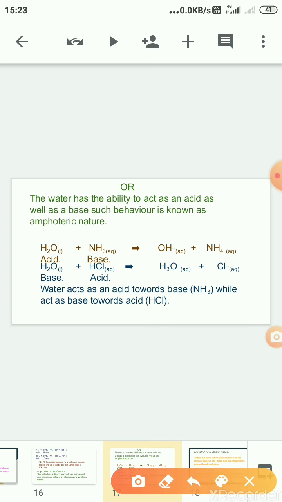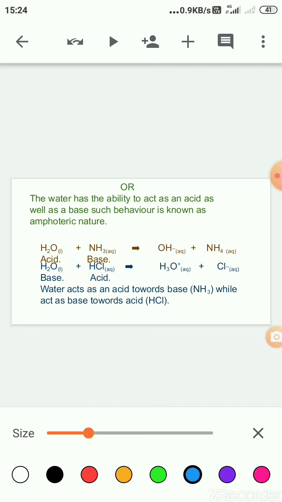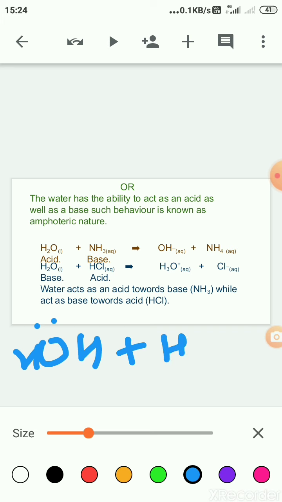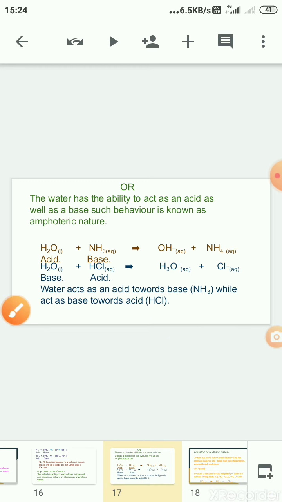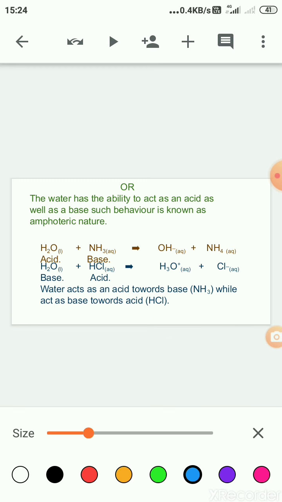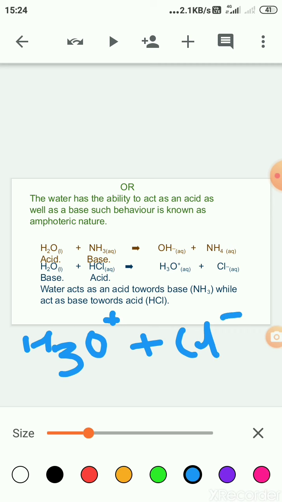In water, oxygen has a lone pair of electrons, and this lone pair is used to abstract hydrogen from the acid, and it forms the hydronium ion, H3O plus, along with Cl minus ion.